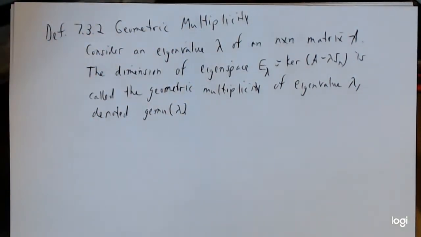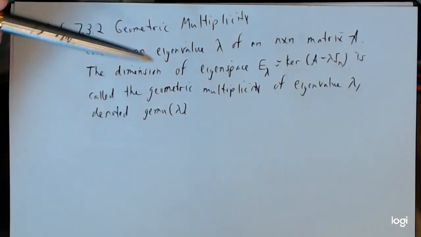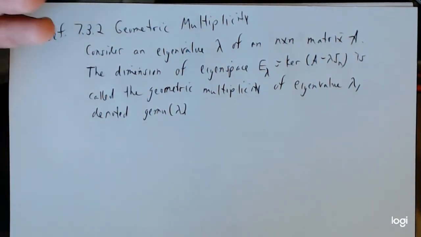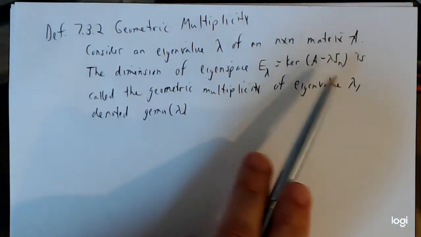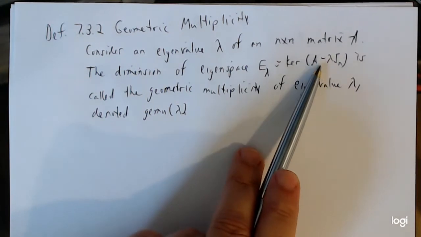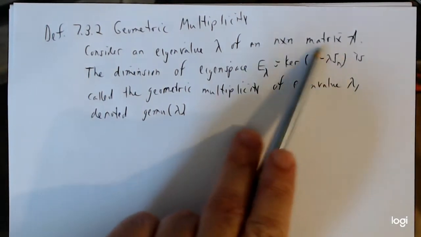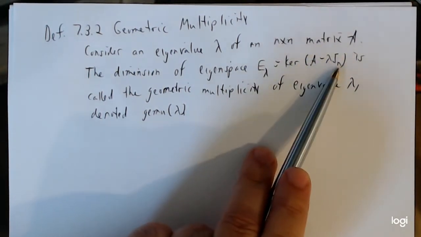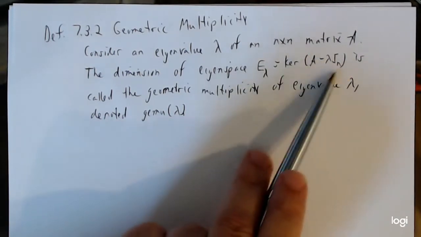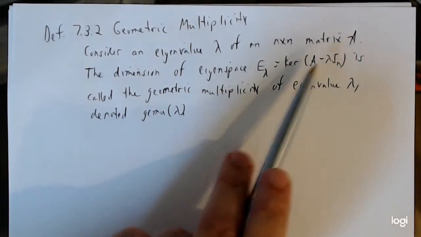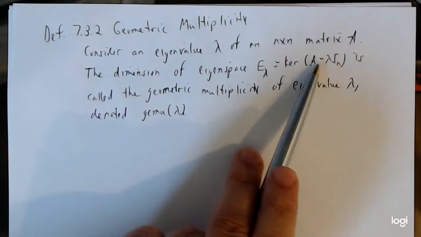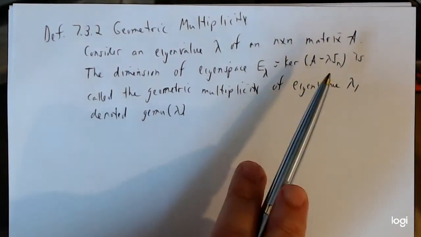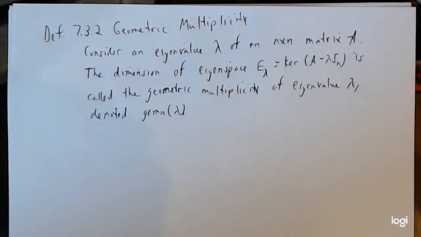Okay, so just remember, how do we find the dimension of some space, or in this case the kernel of this? I need to find how many vectors are in the kernel of A minus lambda I sub n. So that would be the dimension. It's kind of like find all the vectors that span the kernel of A minus lambda I sub n. And when you do that, then that's your geometric multiplicity.